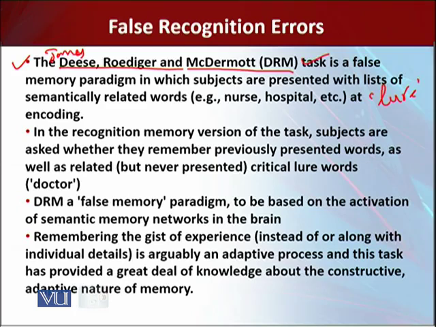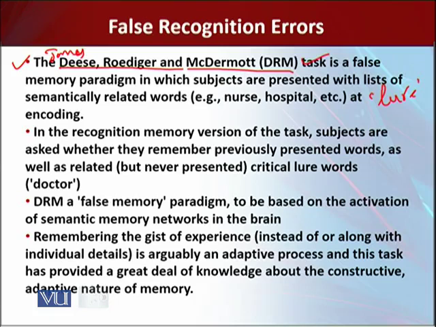When subjects were asked about their experience after the test, about half of all participants reported that they were sure they remembered hearing the non-presented word, indicating a false memory of an event that never occurred.